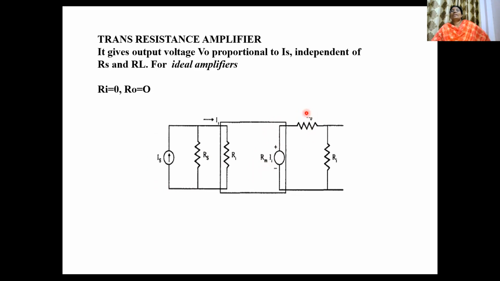The output side is the Thevenin equivalent model, and the input side is Is in parallel with Rs, that is the Norton equivalent model. For this, the output voltage V0 is proportional to Is, so it is independent of Rs and RL. For the ideal transresistance amplifier, Ri equals 0 and R0 equals 0. This is about the transresistance amplifier.